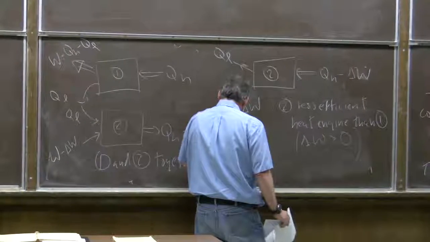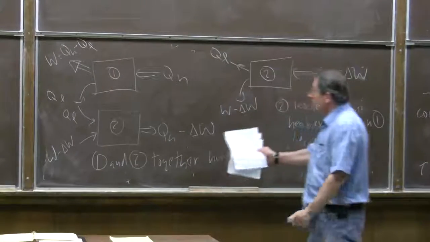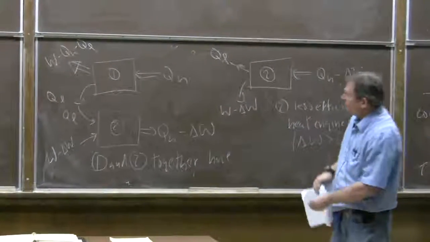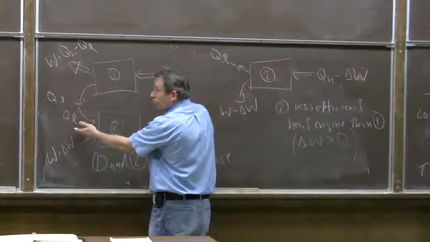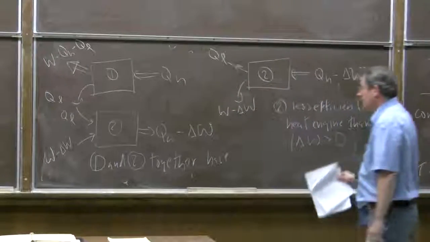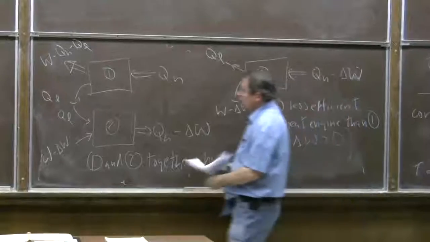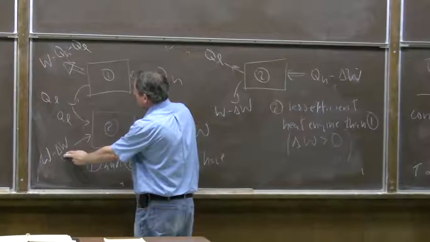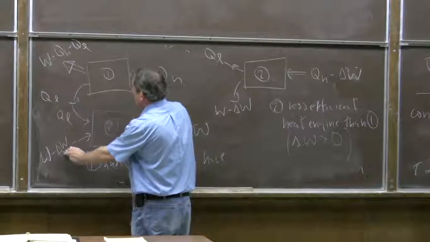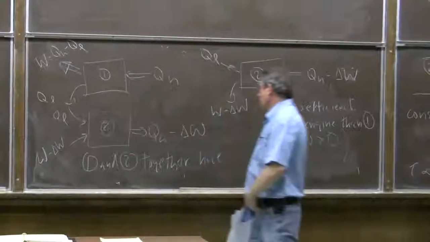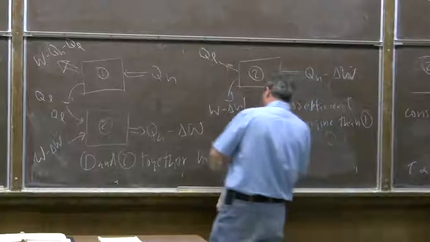1 and 2 together have not expelled any heat to the low temperature reservoir, because all the heat expelled by 1 has been pumped back by 2. But the net amount of work produced by 1 and 2 is actually delta W, because the amount of work we got out of the heat engine was more than the amount of work we had to do running the refrigerator.